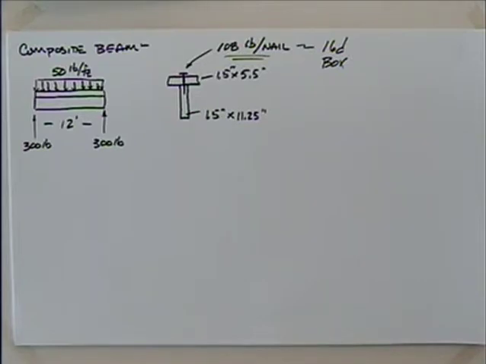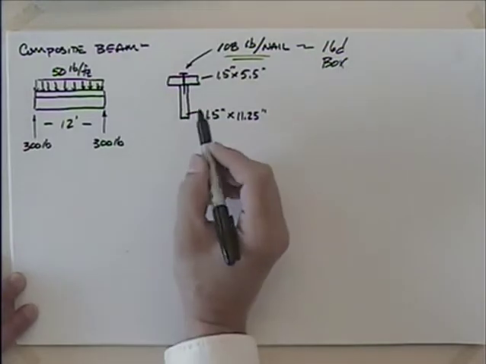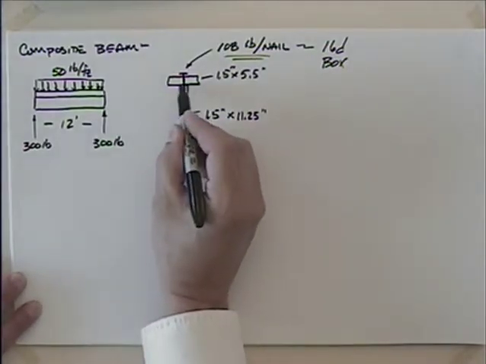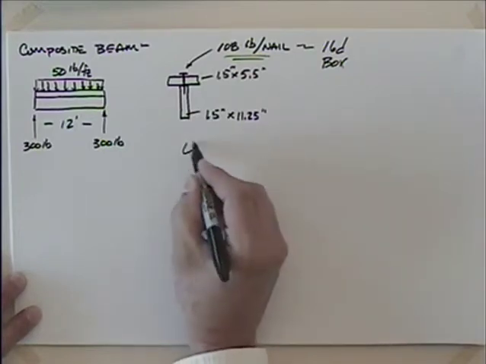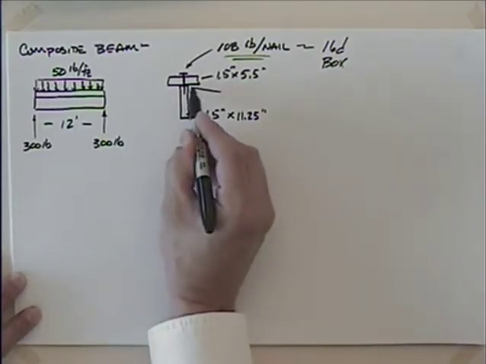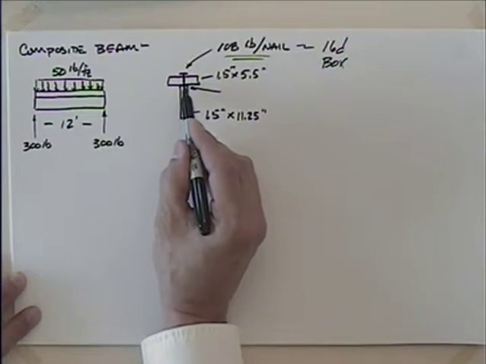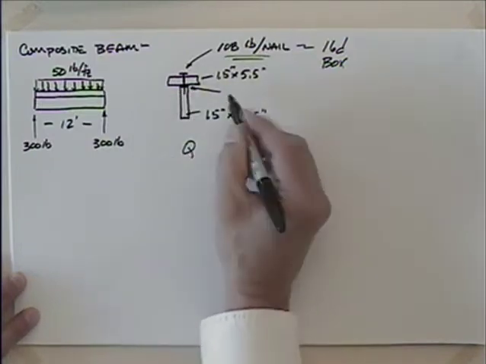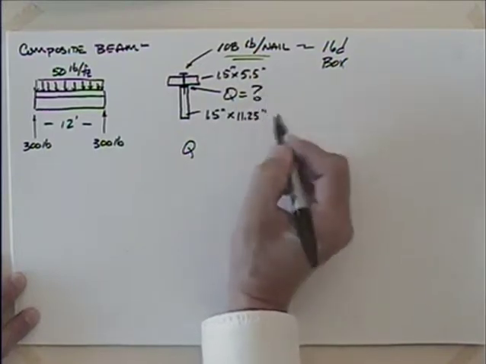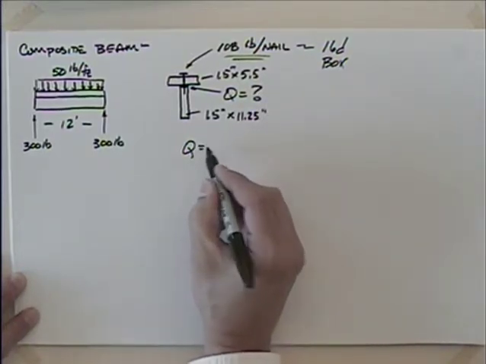So, well, let's see if we can do this then. As I go through this problem, I'm going to need to calculate the Q value in here. So I want to do Q at this interface, because that's what the nail is supporting, the interface between the top of this 2x12 and the bottom of this 2x6. So I'm going to try and find Q in there. And what's that turn out to be?